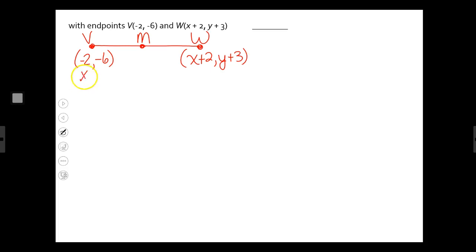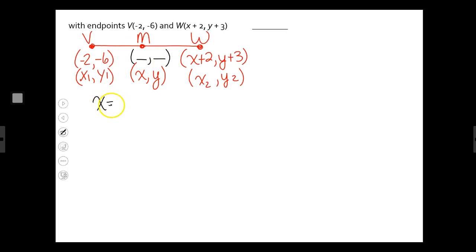Let's label it: x1, y1, x2, y2, and the midpoint is always x, y. If you notice, that is blank because we don't know those. That is what we're trying to find. So when we plug it into the formula, x equals x1 plus x2.